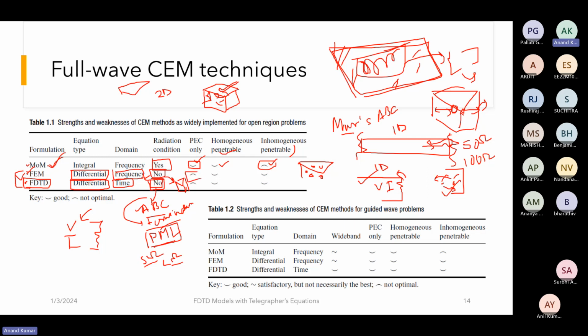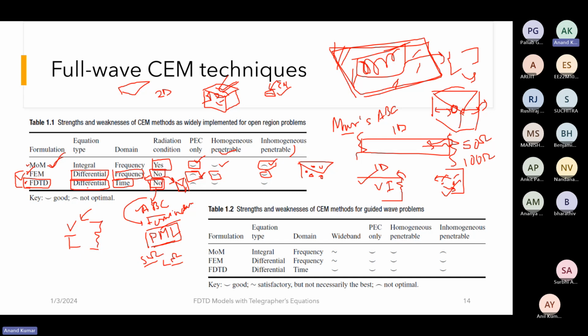It's not very good with perfect electric conductors, but you can solve them anyway. It's very good with homogeneous or inhomogeneous penetrable media because you are meshing the entire space, and for each tetrahedral mesh, you can assign permittivity and permeability values, so you can solve them quite easily.